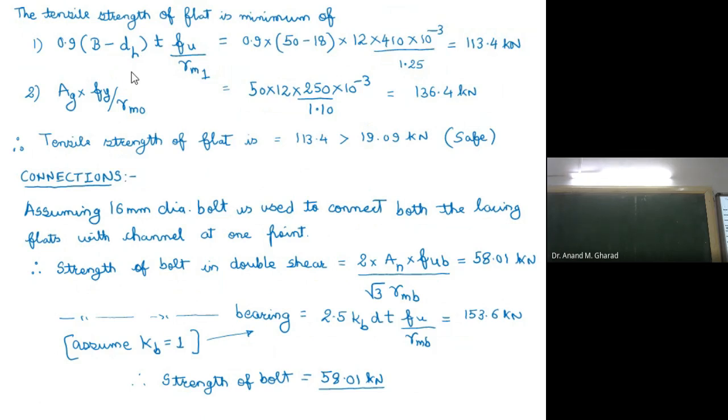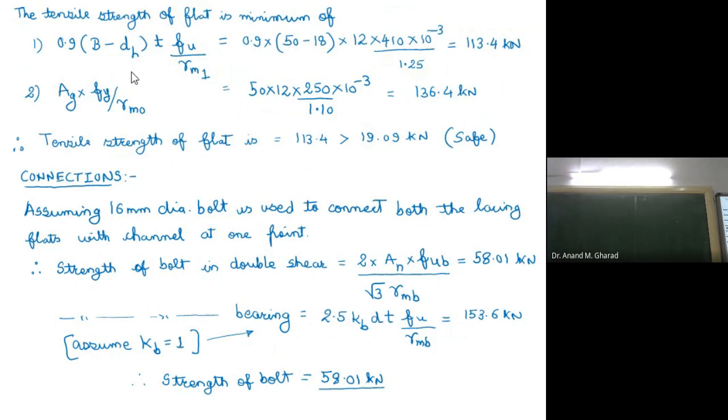If there are two or more bolts in any connection, I'm not just discussing about this, but whenever you come across two or more bolted connection, specifically the angle section, you are supposed to take care of the block shear failure as well.